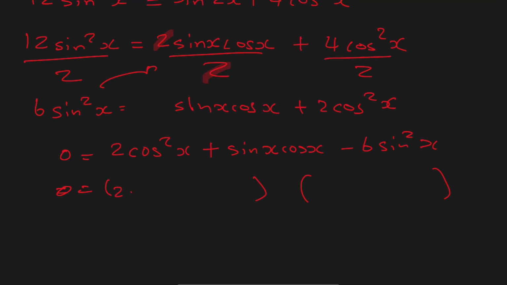We're going to write it as 2 cos x, and then we have cos x on the other side. Okay, so now we're going to look at the factors of the last term, the factors of 6. Remember, this is 1, 6, 3, and 2. But if we had this coefficient, one of the factors must multiply with 2.